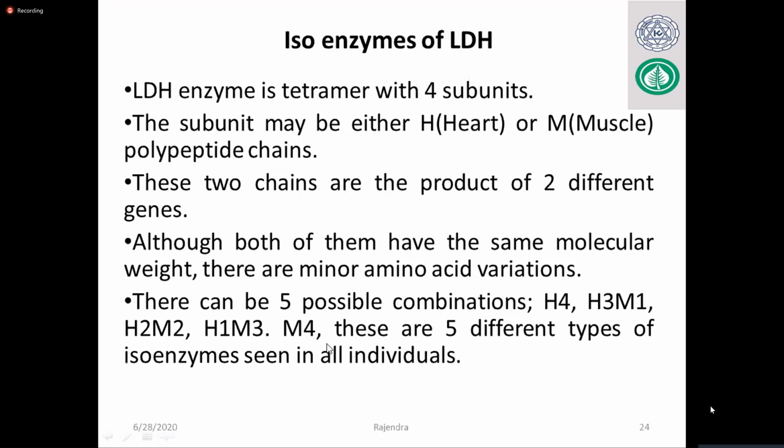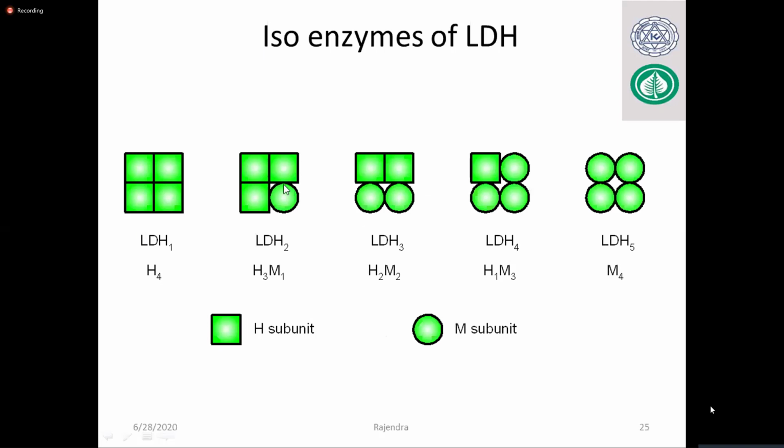That means it has different isoenzymes, like CK total. These are the isoenzymes. These are 5 types of isoenzymes: LDH1, LDH2, LDH3, LDH4, LDH5. LDH1 means the heart unit, the H unit, is 4 there. LDH2 means 3 heart and 1 M. This is how we divide it into different H subunits and M subunits.